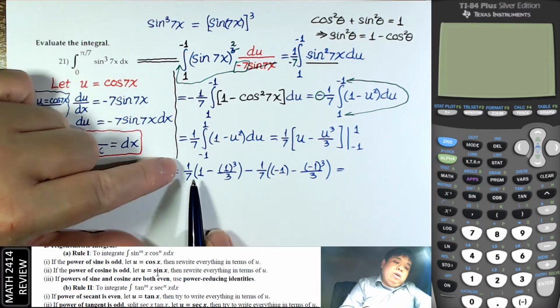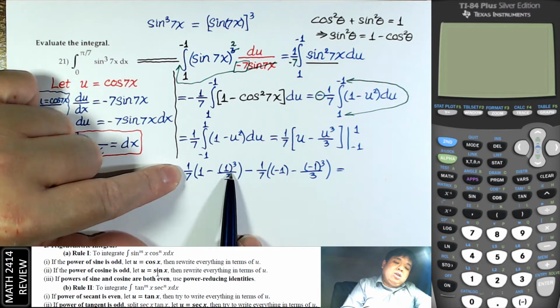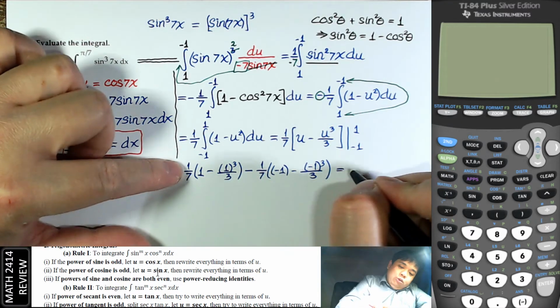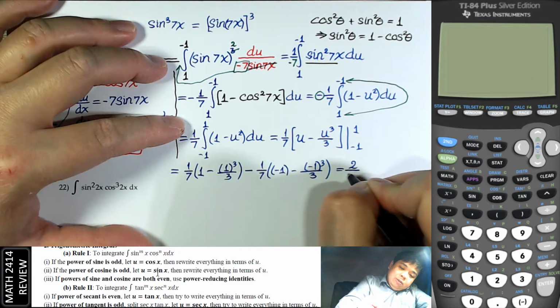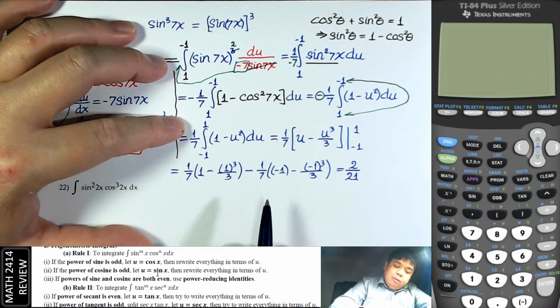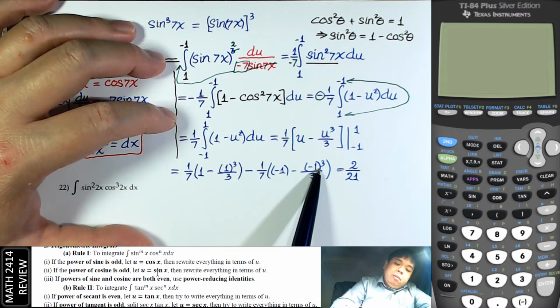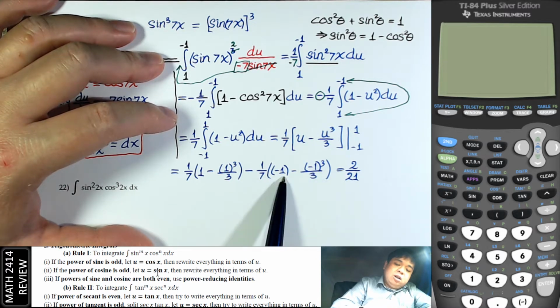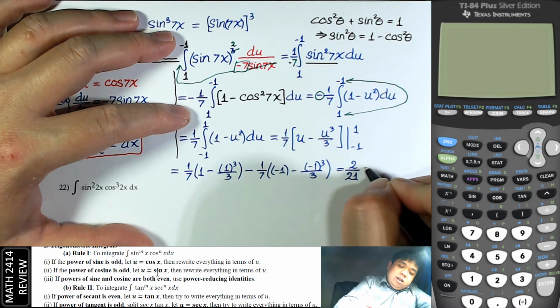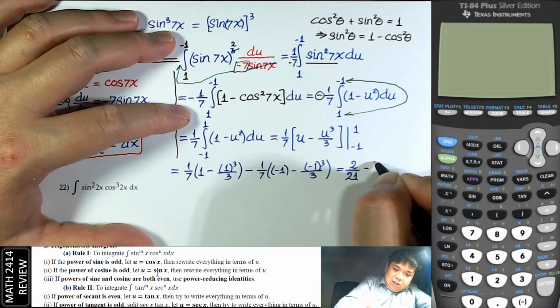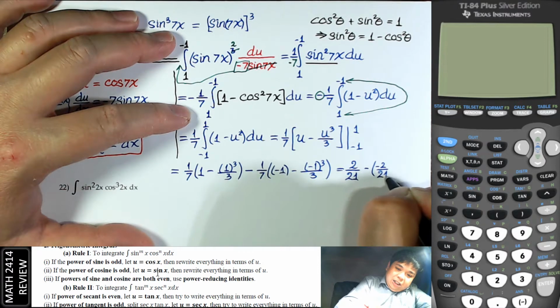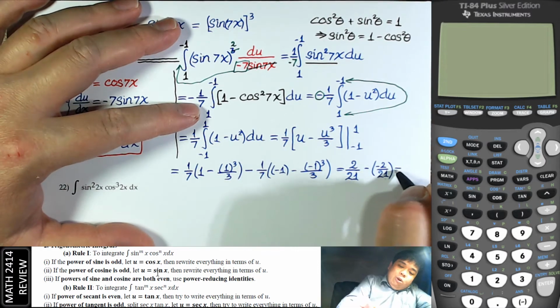After all of that, we have 1/7 times 1 minus 1/3, which is 2/3. So 2/21. And minus 1 plus 1/3, so minus 2/3. So that plus minus 2/21, that is 4/21.